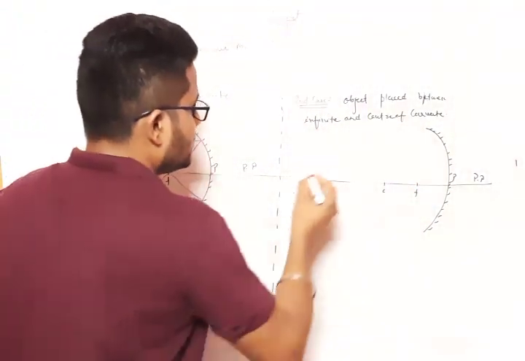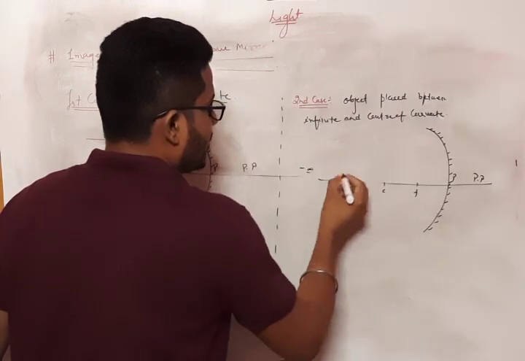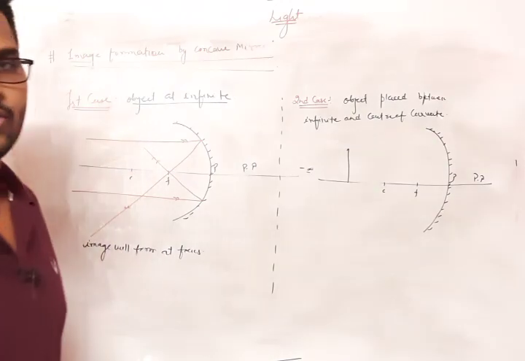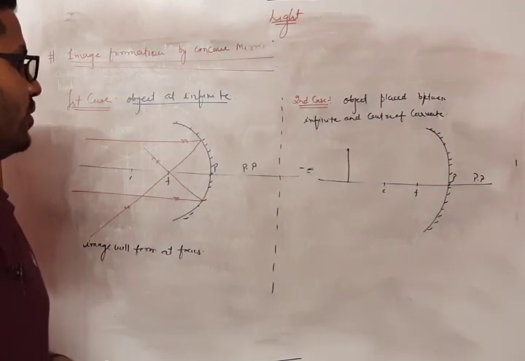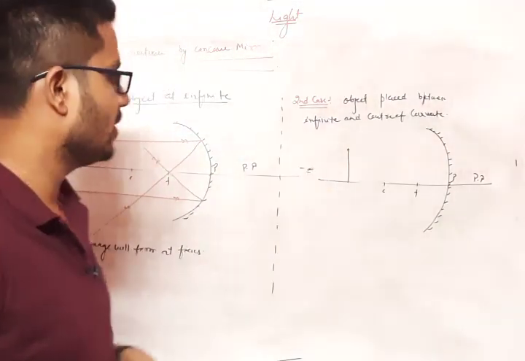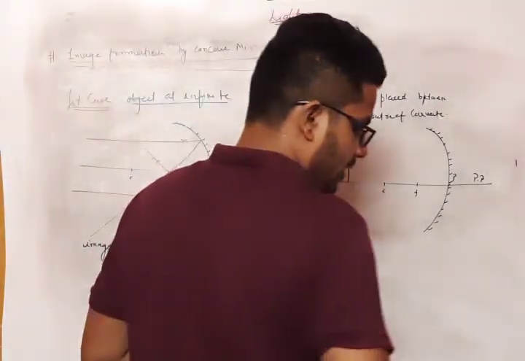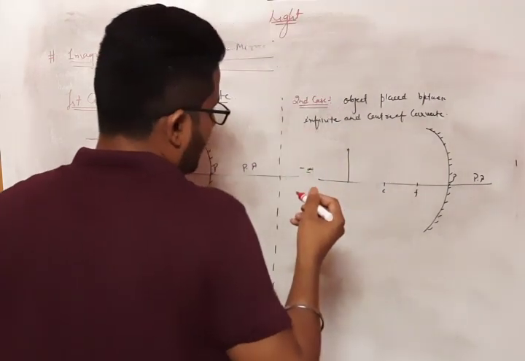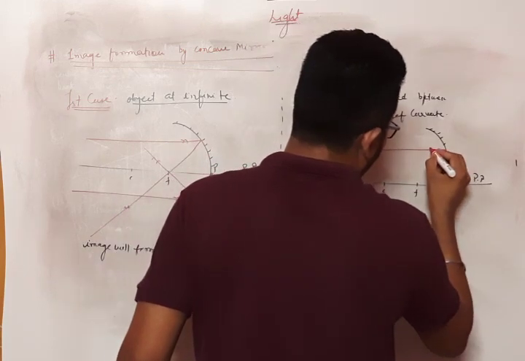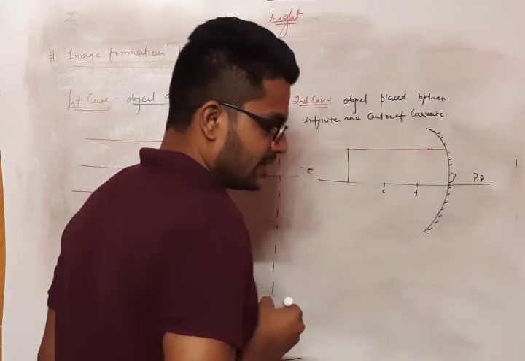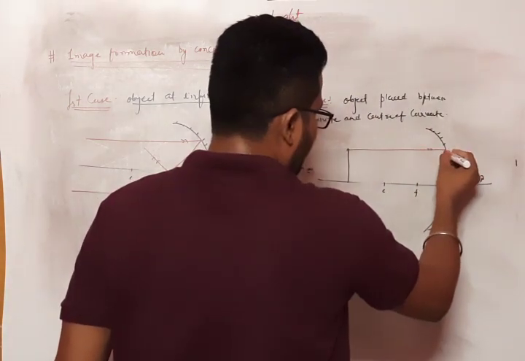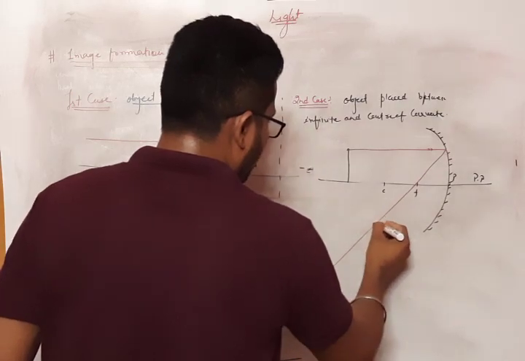Okay beta. So this side is minus infinity. This is one object which has some height. Okay beta. So here one ray will go parallel to the principal axis and it will go through the focus.